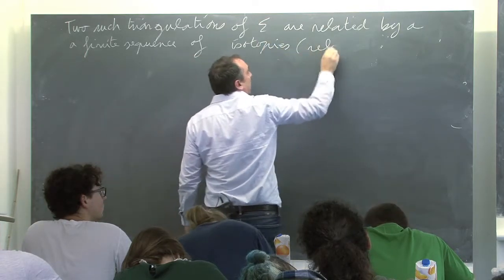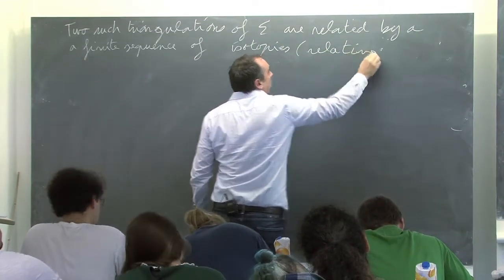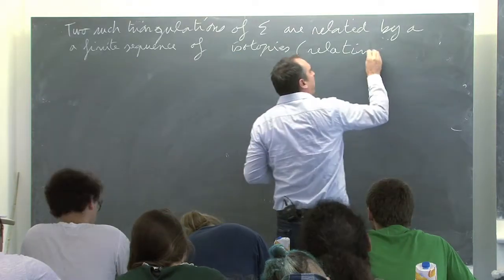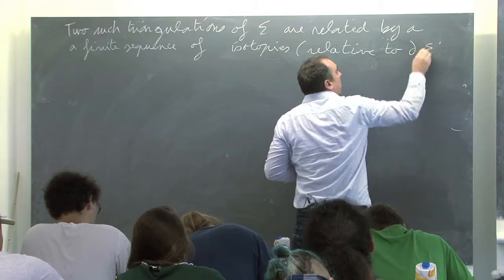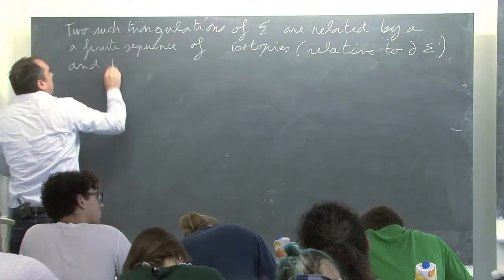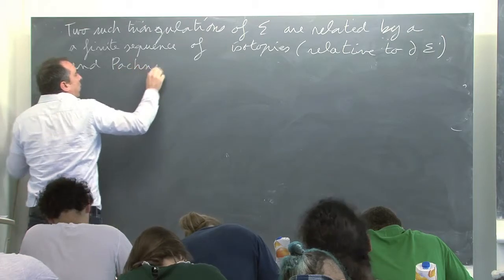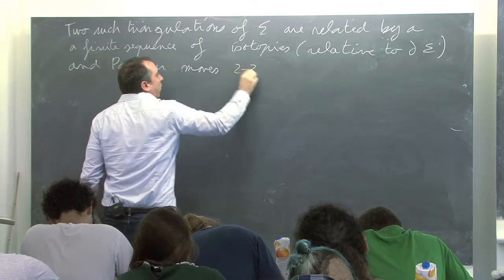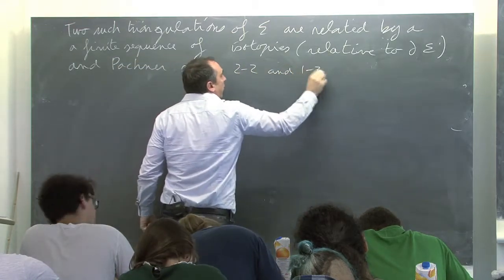Of course, the isotopies must be the identity on the boundary, relative to the boundary, and Wagner moves 2-2 and 1-3.